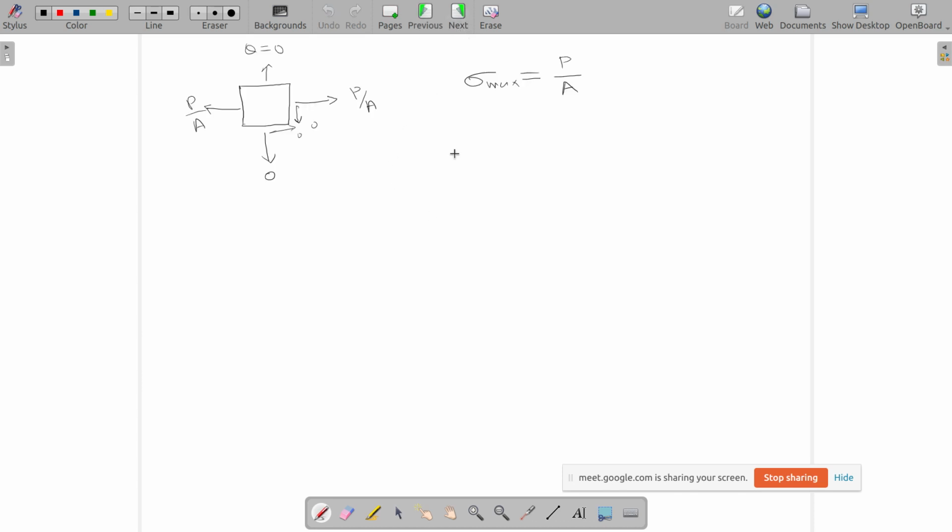What we need to find out is the maximum value of P by A sin theta cos theta. So you can differentiate d by d theta of P by A sin theta cos theta, and let that be equal to 0. And you can use the product rule.